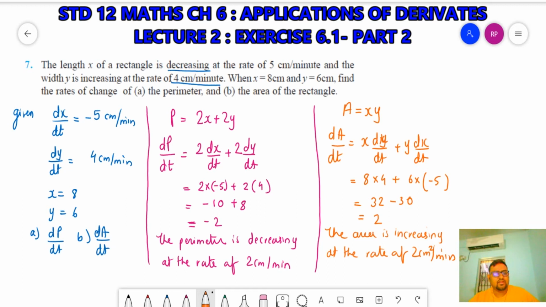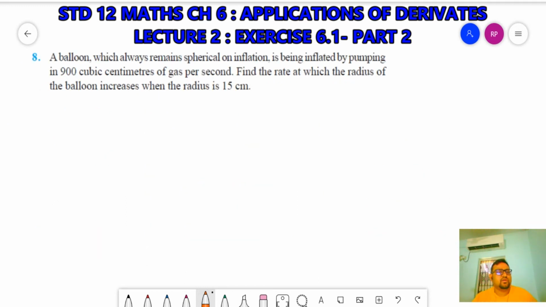Now let's move to the next, that is question number 8. A balloon which always remains spherical on inflation is being inflated by pumping 900 cubic centimeters of gas per second. That means the volume of the balloon is increasing at this rate.